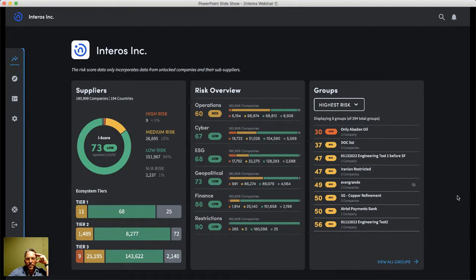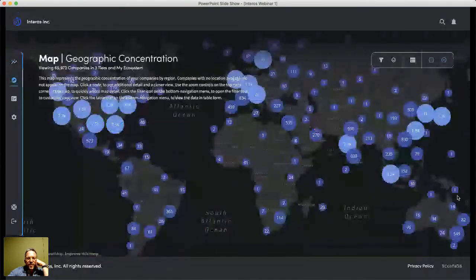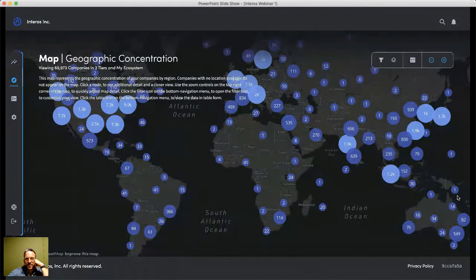And for the most part, people are really not aware of tiers 2, 3, and so on, because they're not very visible. You don't really know them by name, especially if you are a really large company. So you saw before, Interos is really dedicated to mapping this interesting, complex supply chain.